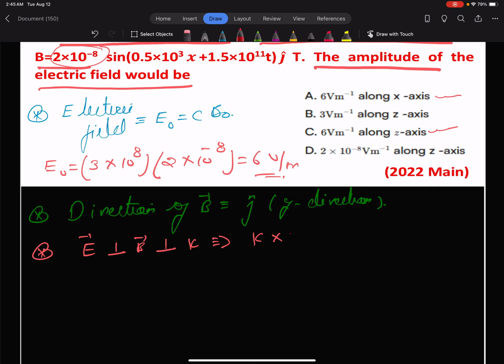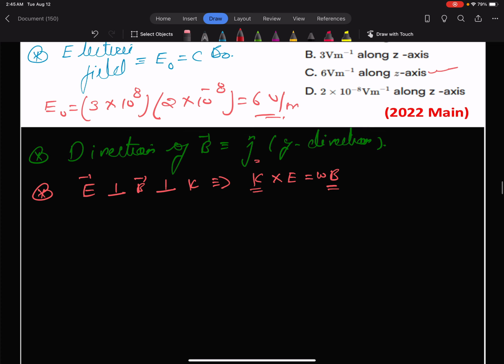which states that wave vector cross E will give us the magnetic field multiplied by the angular frequency. So we need to find out the wave vector k, because the direction of B we already know is along the J unit vector or Y direction.